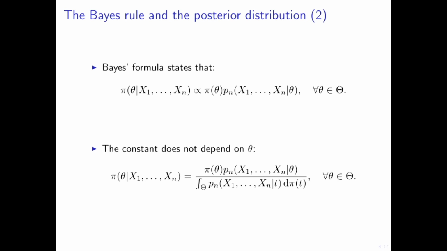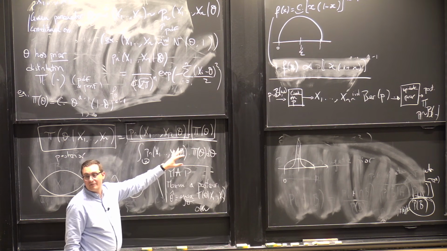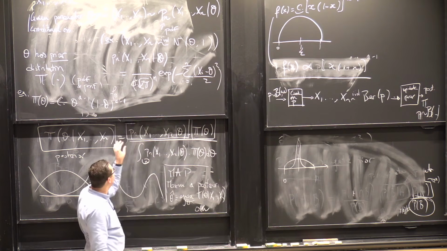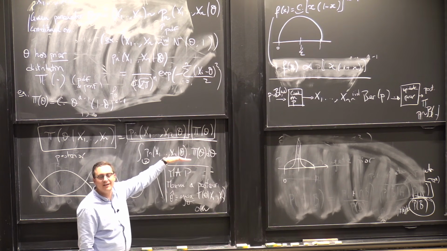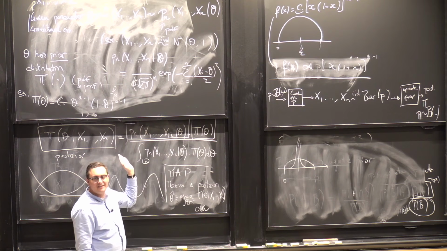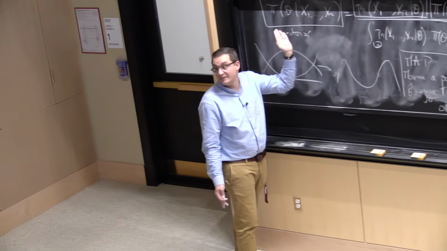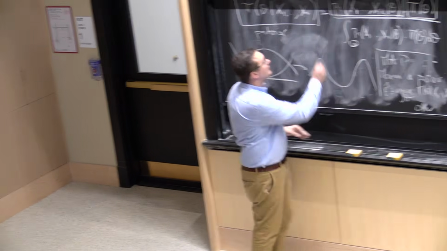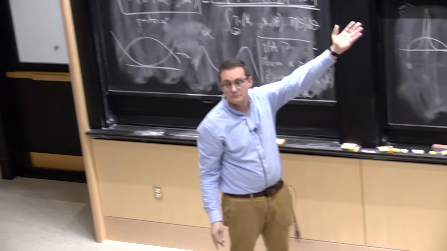So here, as you notice, I don't care so much about this part here, right? Because it does not depend on theta. So I know that given the product of those two things, this thing is only the constant that I need to divide by so that when I integrate this thing over theta, it integrates to 1. Because this has to be a probability density on theta. So I can write this and just forget about that part, and that's what's written on the top of this slide.